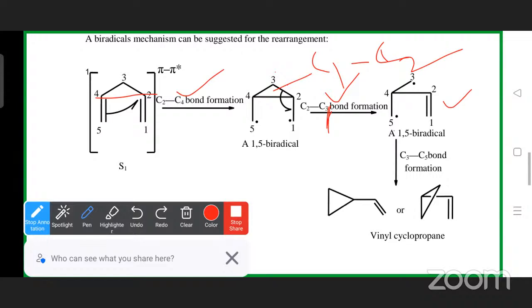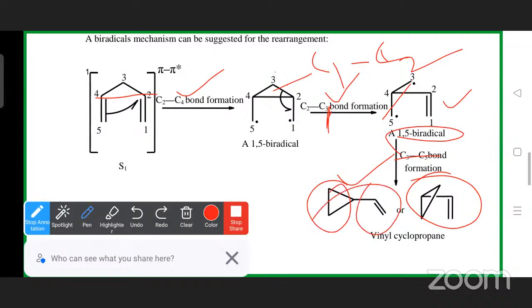The C3-C5 bond formation takes place from this 1,5 diradical, forming a cyclopropyl ring. Upon inversion, you will get this product, the vinyl cyclopropyl derivative.